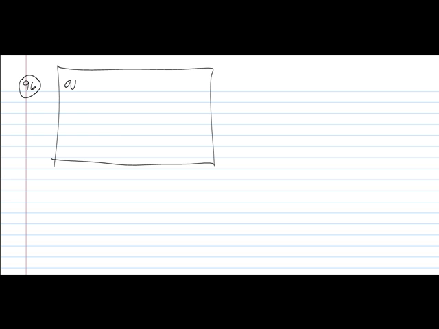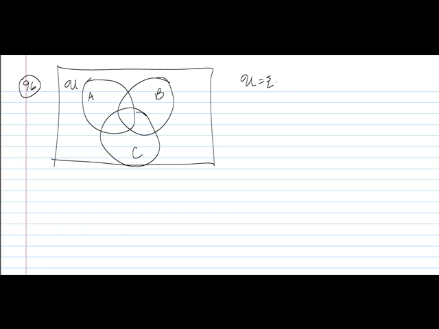Number 96. This is working now with a Venn diagram that involves 3 circles because we have 3 sets. And we have A, B, C. The universal set contains 1 through 9.